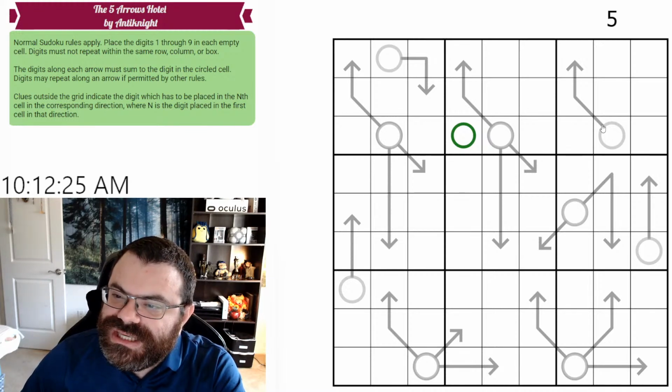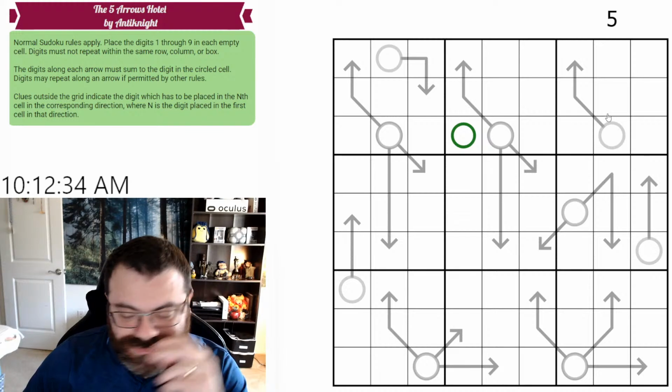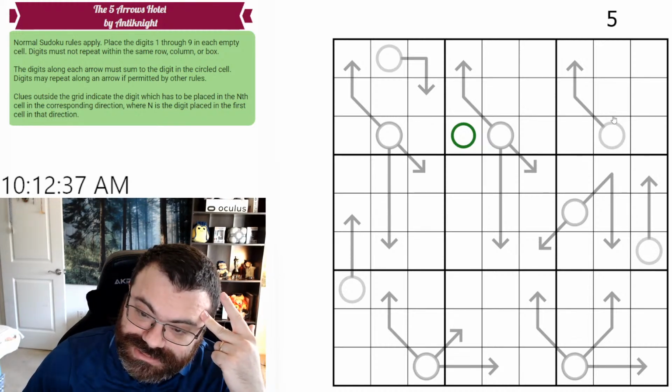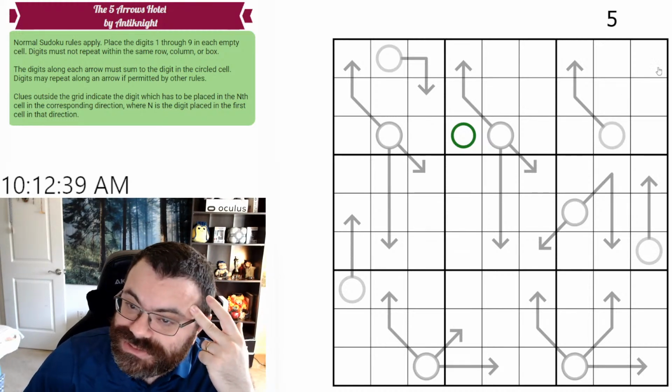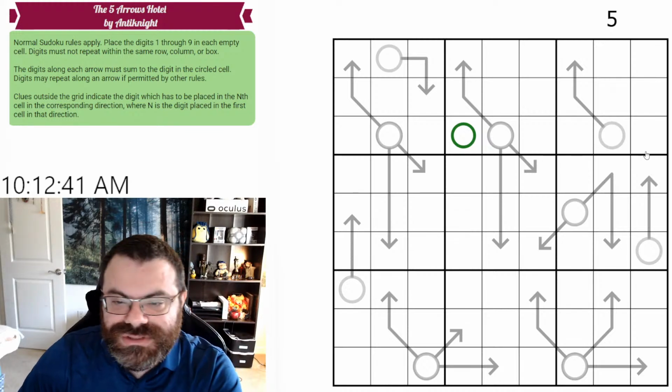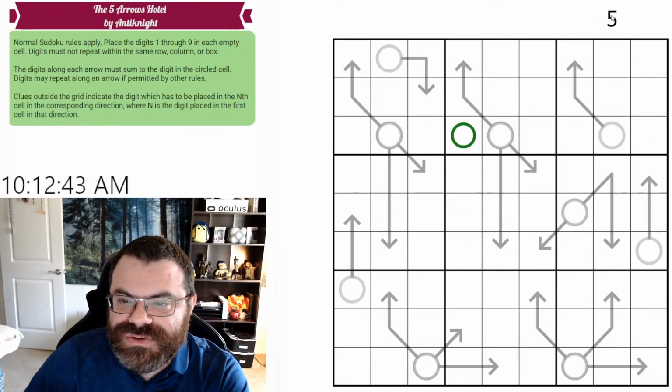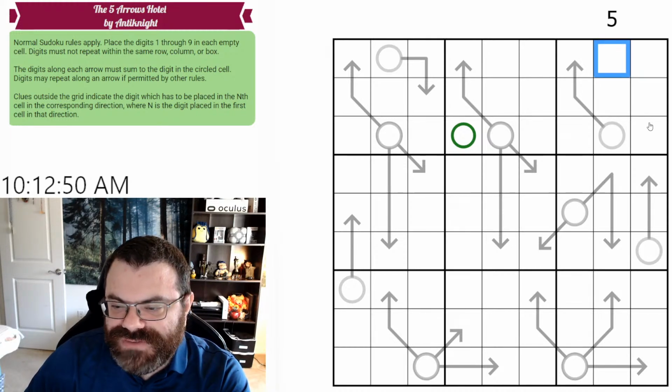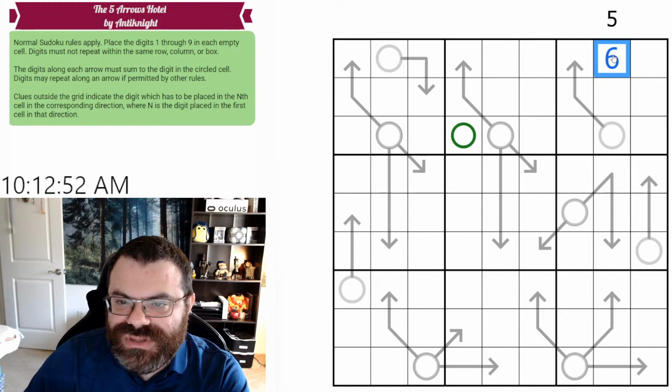Clues outside the grid indicate the digit which has been placed in the nth cell in the corresponding direction, where n is the digit placed in the first cell in that direction. That's called numbered rooms. So this is standard numbered rooms. Basically, for these outside clues, like this 5 here, you look at the cell that's closest to the 5 in that column, and whatever digit that is, say it's a 6, you then look at the 6th row, and that's where the 5 goes, because that's labeled a 5.